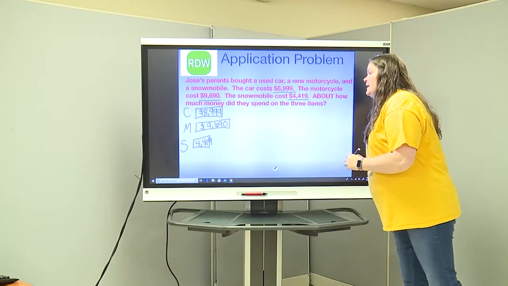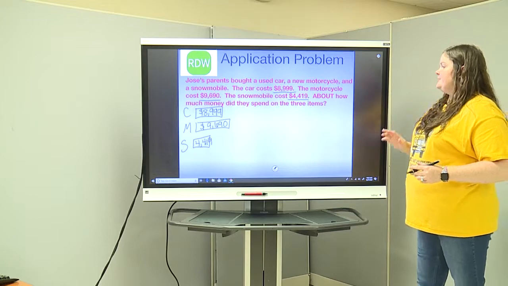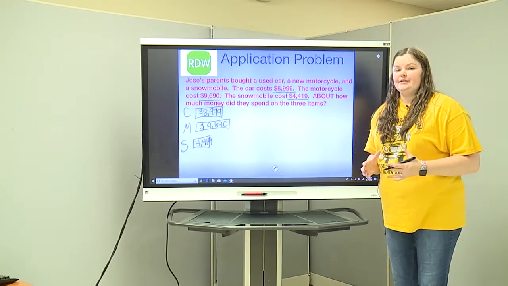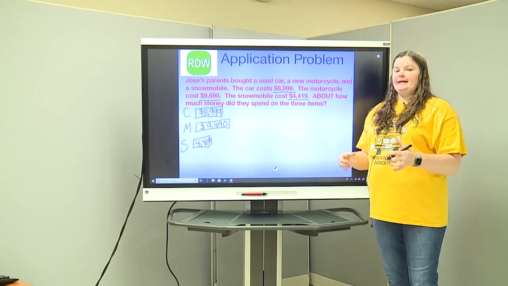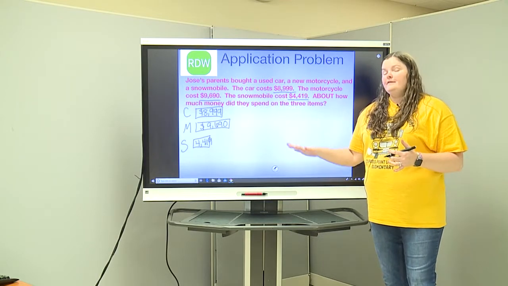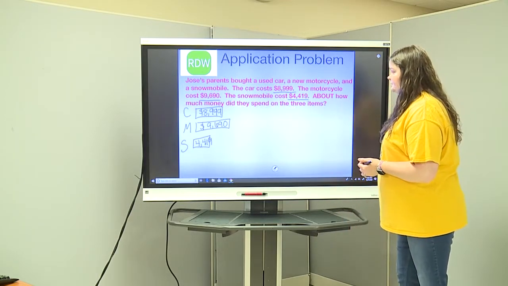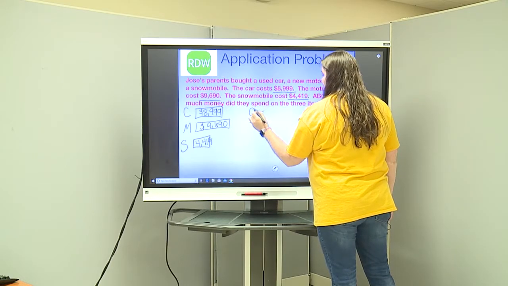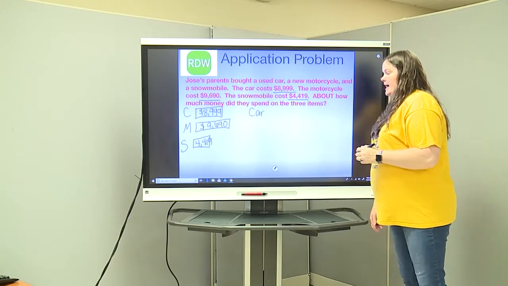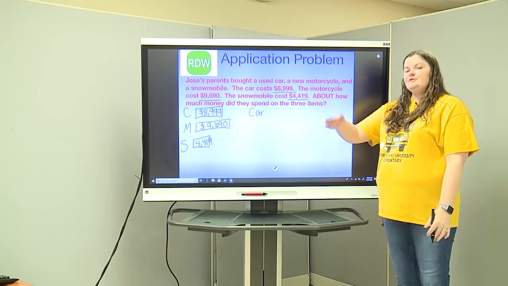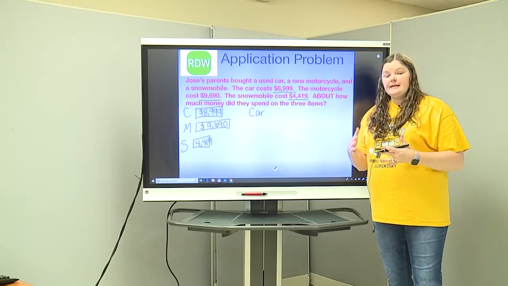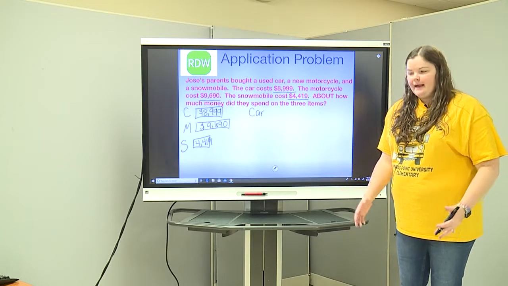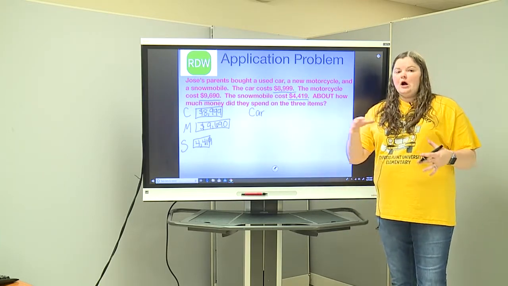Stick it in there. Now, the first thing that we have to do, since we're not looking for an exact answer here, is we need to find the estimated totals of these three things. So let's say the car, I see that it's $8,999. Now, if I used a vertical number line and I actually rounded it out, I could come up with an answer. However, we don't want to have to do all of those steps here.